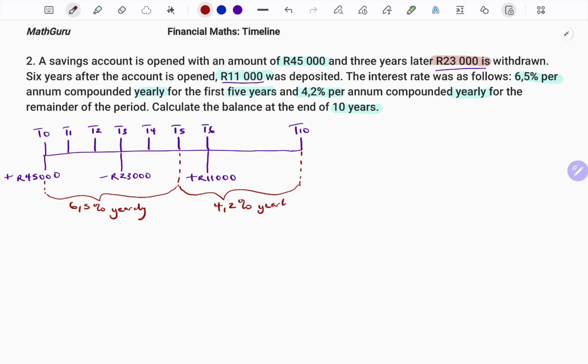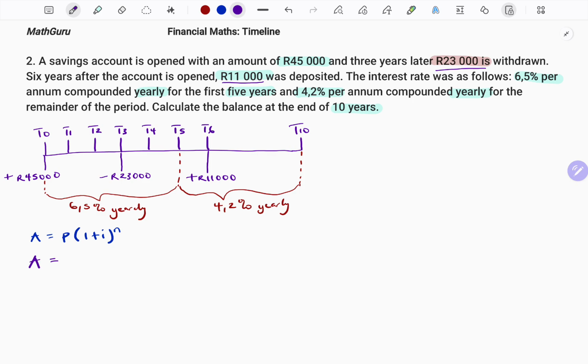4.2% yearly or annually. So therefore, start with A equals P(1 plus i) to the power of n. Because it's a timeline, my accumulated amount A, I'm going to calculate for each of the deposits and withdrawals.